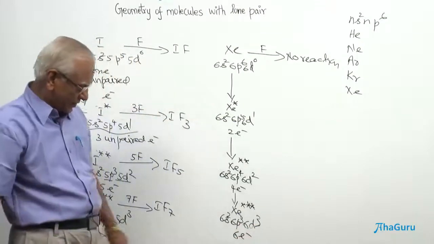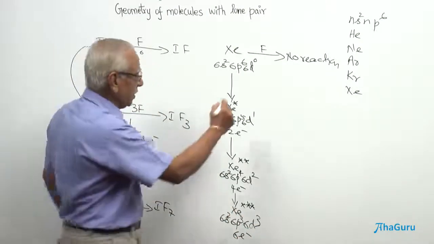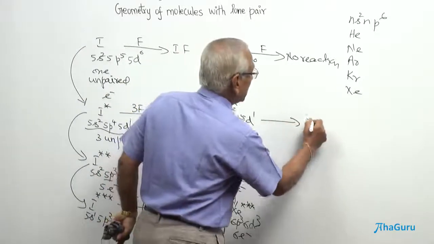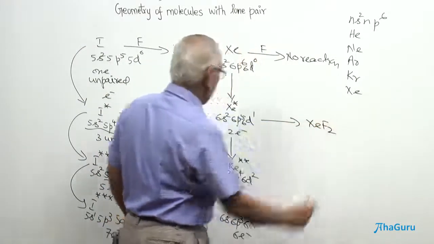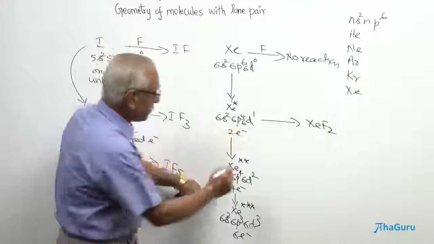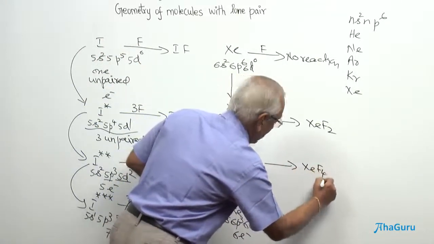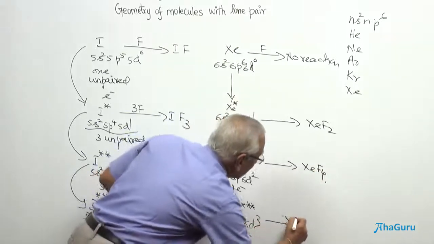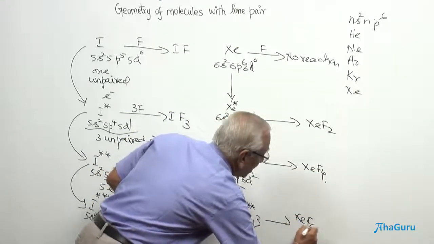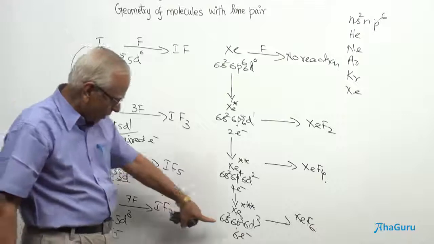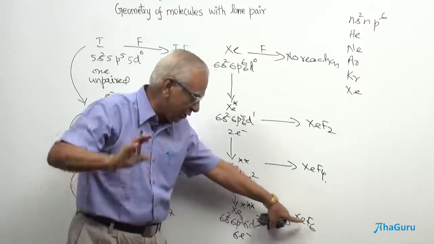Therefore, this can form xenon difluoride. See here, even number. And if this were to react with fluorine, this can form xenon tetrafluoride, and this can form xenon hexafluoride. Earlier I told you xenon octafluoride is not possible for 2 reasons.